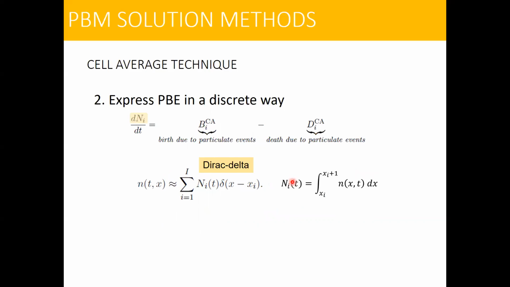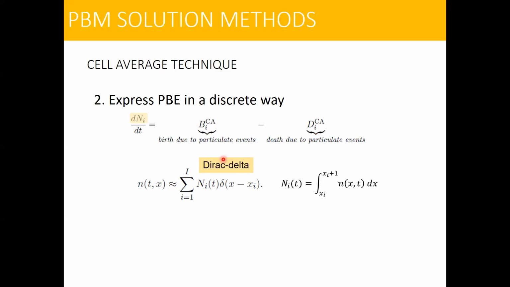Then, if we use the relation between the continuous number distribution n and the number of particles in cell i, N subscript i in capital, and we take into account that the particles are assumed to be concentrated at the representative size, then the number density n, lowercase letter, can be replaced by the Dirac delta representation.